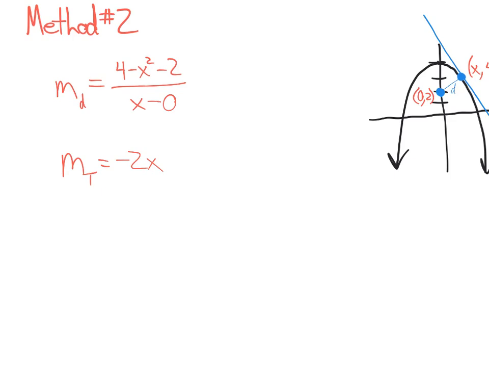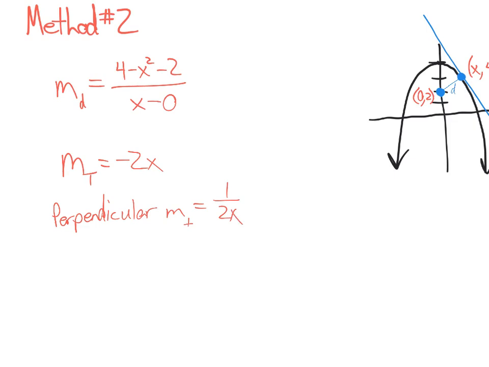So if I want perpendicular to that, it would be 1 over 2x. Okay? Alright, perpendicular. Here's the slope perpendicular to the tangent, or we could say the normal. That's going to be 1 over a positive 2x.